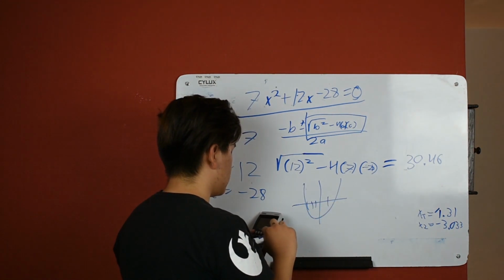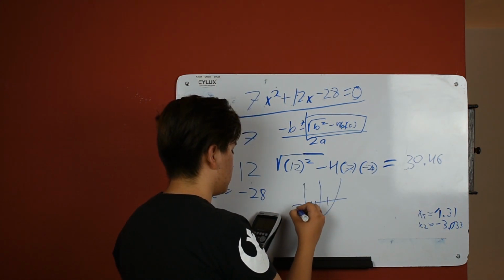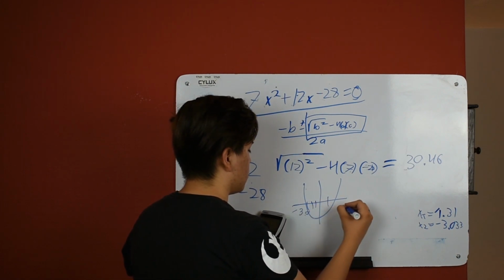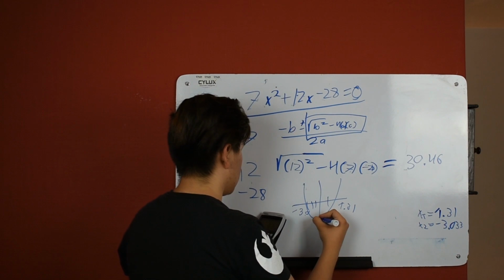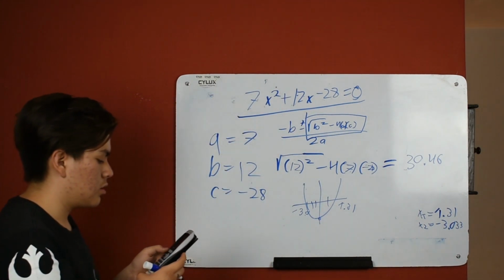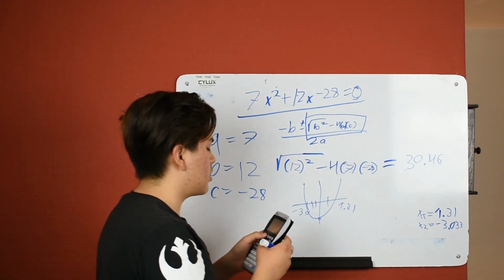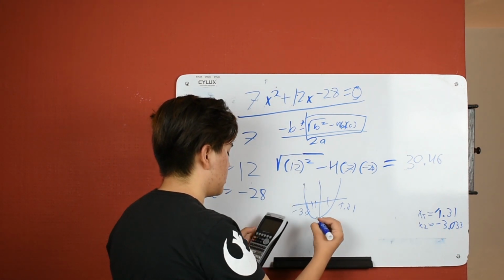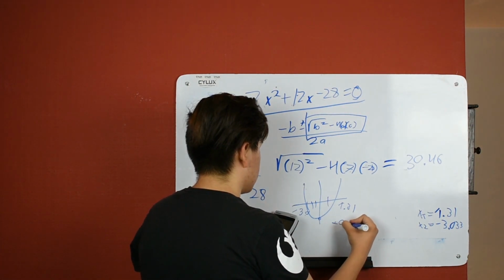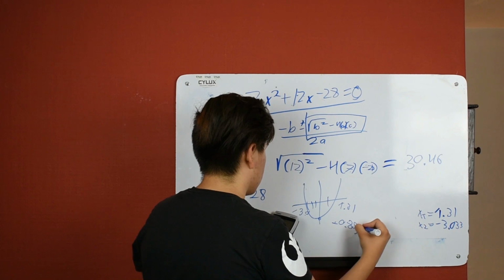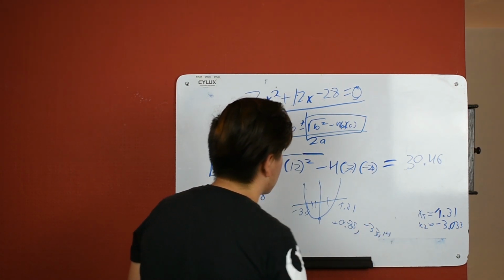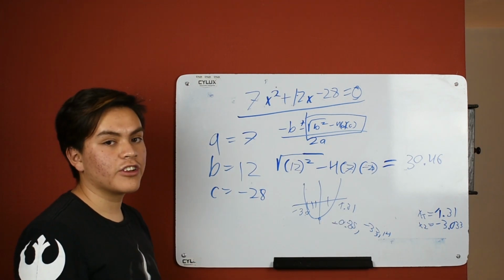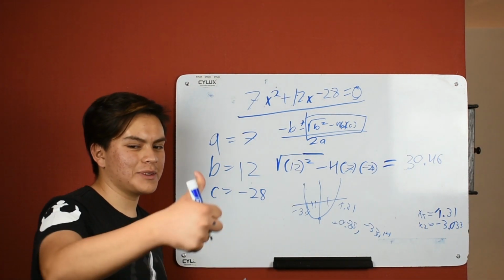And the roots are minus 3.03 and 1.31, and the vertex is minus 0.85, minus 33.14. So we have another example resolved.